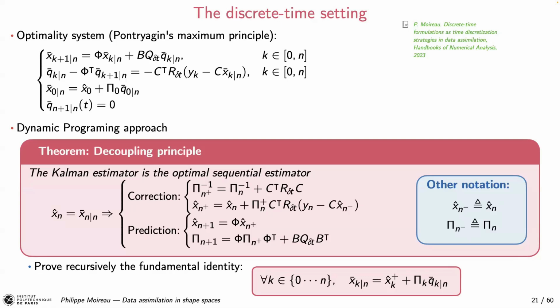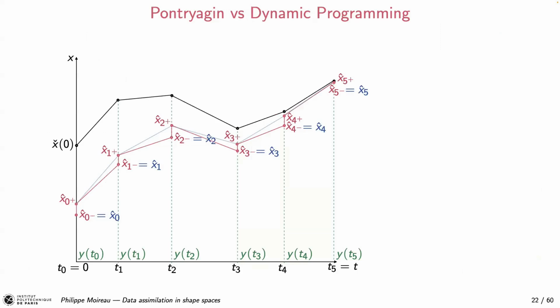Can you explain how the computational order of the two strategies works? I will. Typically, when you do that, it's exact in a time discrete setting, and it corresponds to doing something like that.